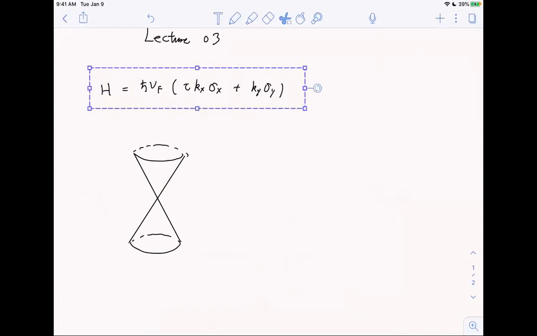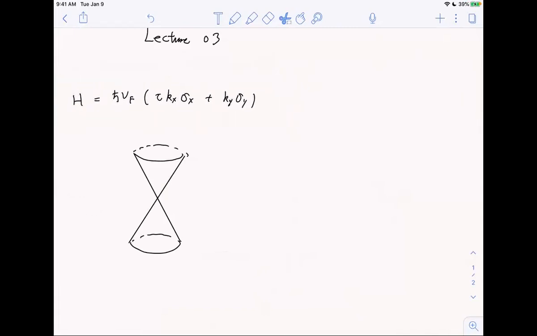and this is in contrast with the conventional particle. So for a conventional particle, you have the Hamiltonian, which is quite simple. You have a Hamiltonian like this, and then the dispersion is like that.